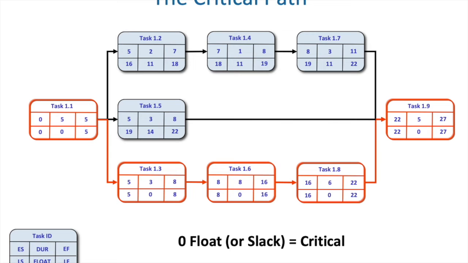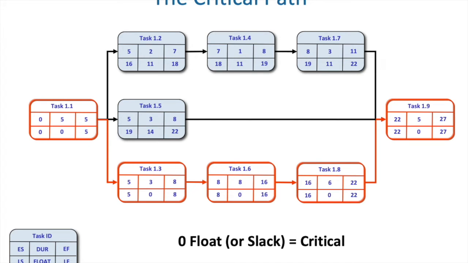Now, the whole idea of coming up with a critical path is to say, as you go through and you start to do the work, you can see where you can allocate resources if you're getting a little bit behind or you have limited resources. So, for example, in this diagram, when we look at task 1.2, 1.5, and 1.3, once 1.1 is completed, we have options now.